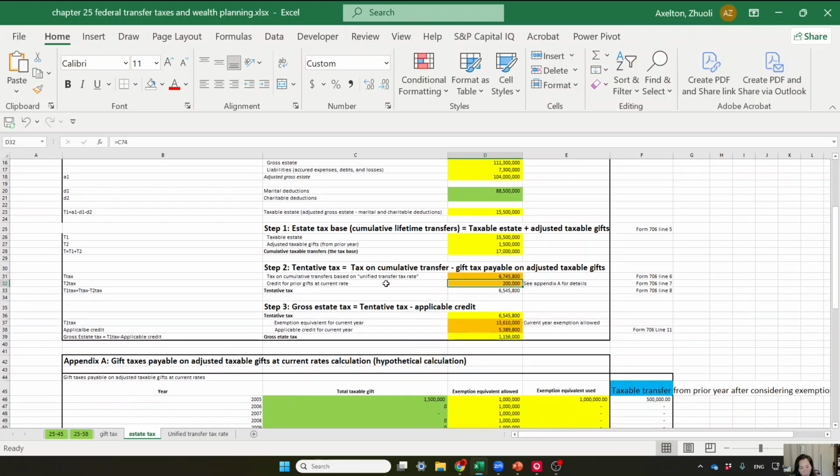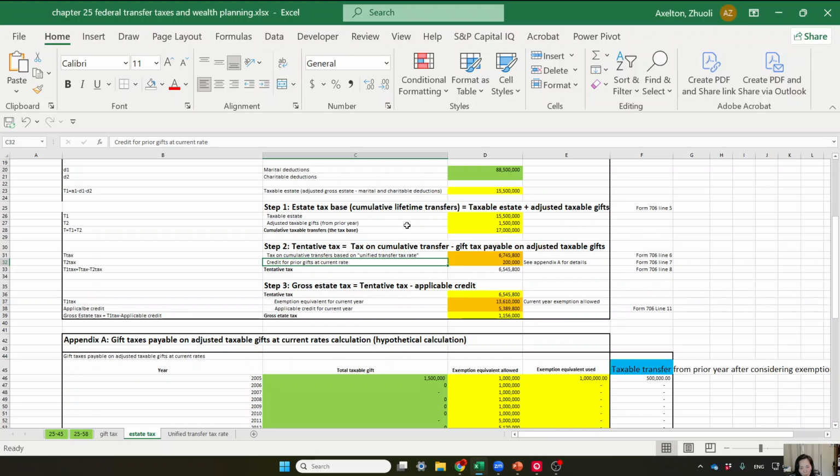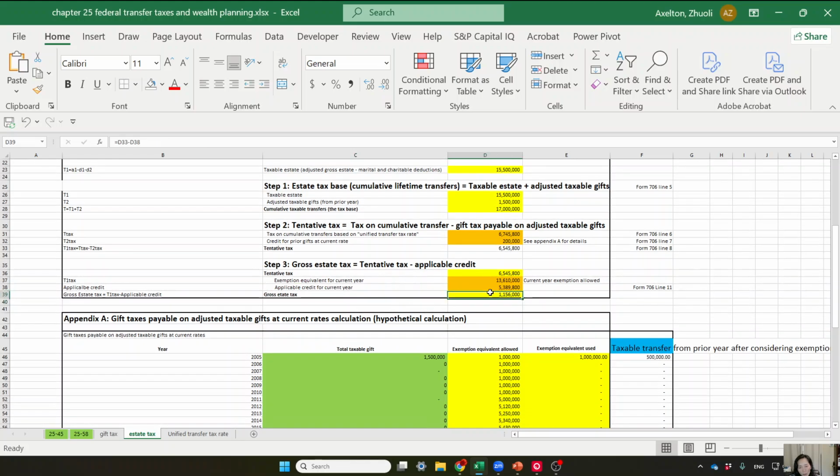So basically, we're taking this piece out to ensure there's no double taxation on the prior year gift, because our starting point is the cumulative taxable transfer for the estate as well as the prior year gifts. Once we have the tentative tax, we apply the applicable credit for the current year to get to the gross estate tax.